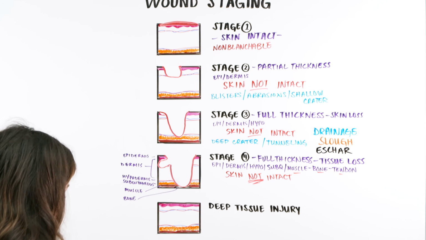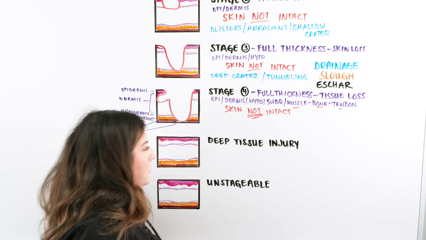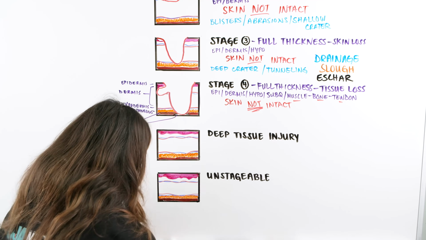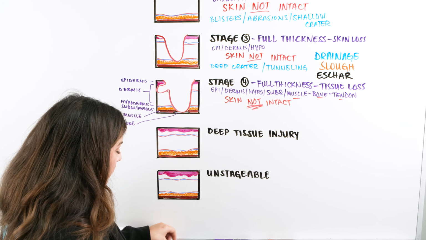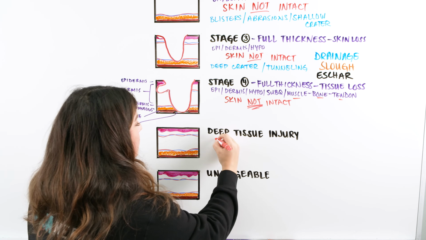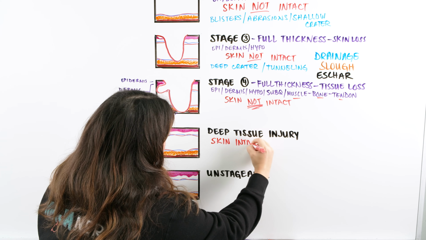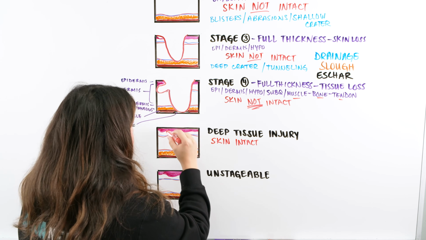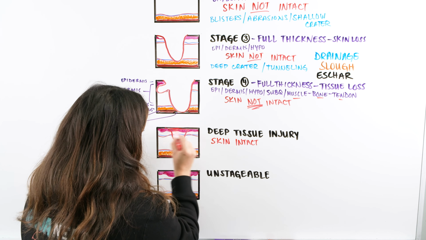So let's now go into our last 2 right here, which is our deep tissue injury, and our unstageable. Deep tissue injury is when we start talking about there's a potential for injury under the skin where the skin is still intact. So now the skin is still intact, but there is an injury potentially under the skin, right?